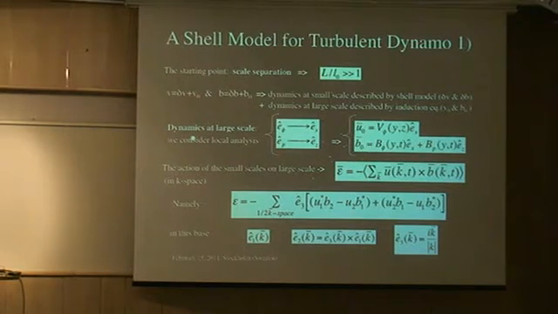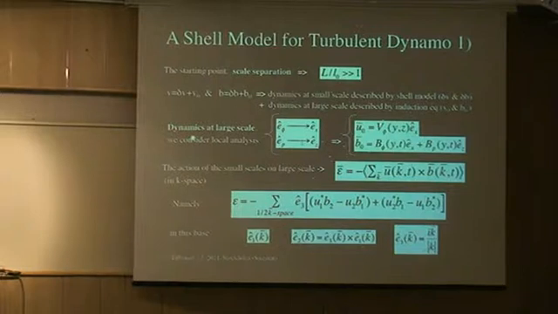So we consider at large scale an axisymmetric situation in which we have a toroidal velocity and in which we can decompose the magnetic field in a toroidal and a poloidal component. Moreover, we consider a local analysis in which we can approximate the toroidal and the poloidal unit vectors to Cartesian unit vectors, Ex and Ez.